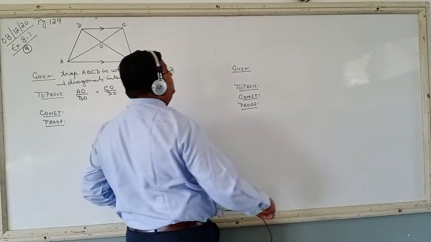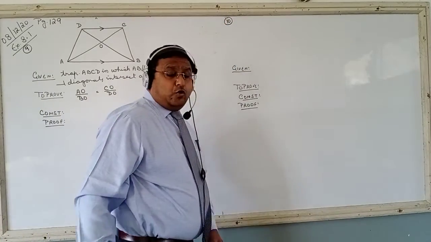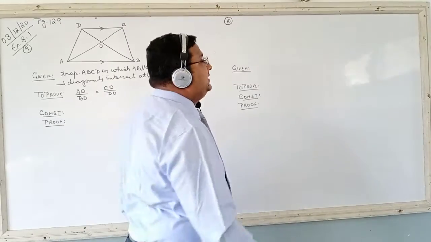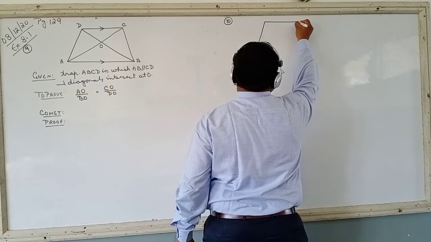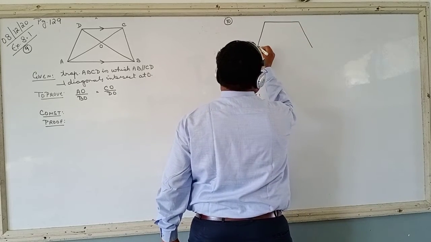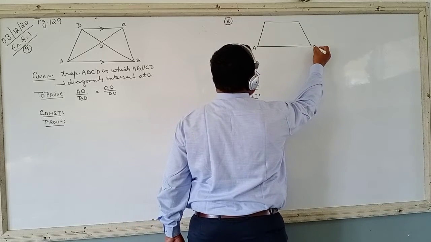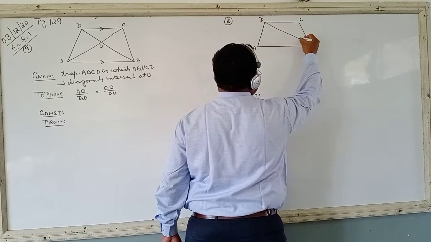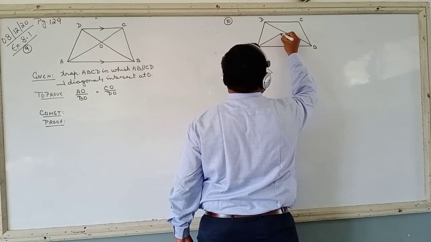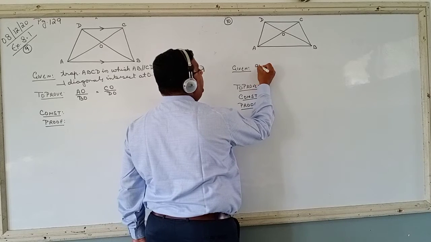Whereas in question number 10, see what he says. He says the diagonals of a quadrilateral ABCD intersect each other at O. This is a quadrilateral A, B, C, D. The diagonals intersect at O. He did not say it is a trapezium, so I did not mark it. What is given?